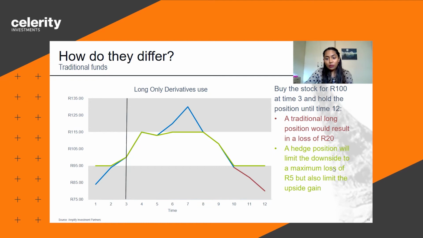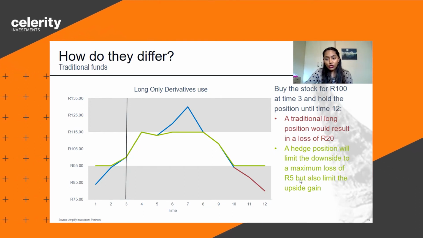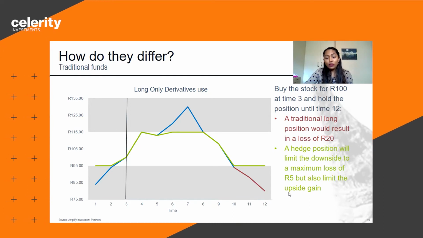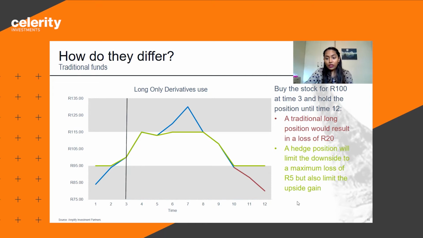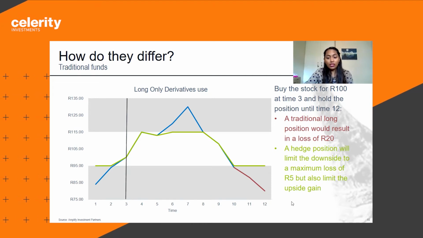This derivative protection means that at time 12, a normal long-only holding in the share would have resulted in a loss of about 20 rand, while the derivative protected holding would have faced a loss of only 5 rand, and that's because of the 95 rand versus 100 rand investment protected price.